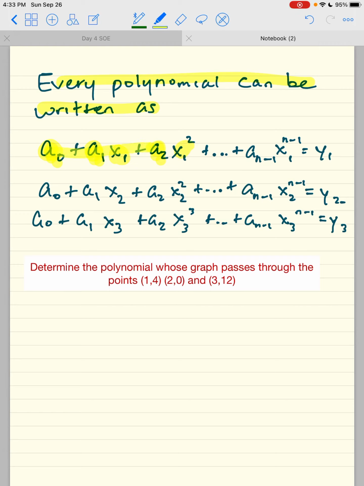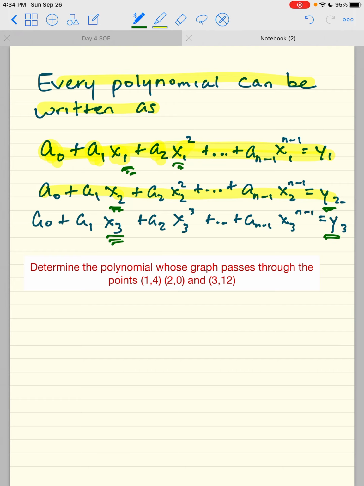Now this is your first equation, okay? And you notice how everything here is 1. For our second equation, you're going to do the same exact thing, with the same notation, except now this is our second x point, and here's our second y point, our third x point, our third y point.